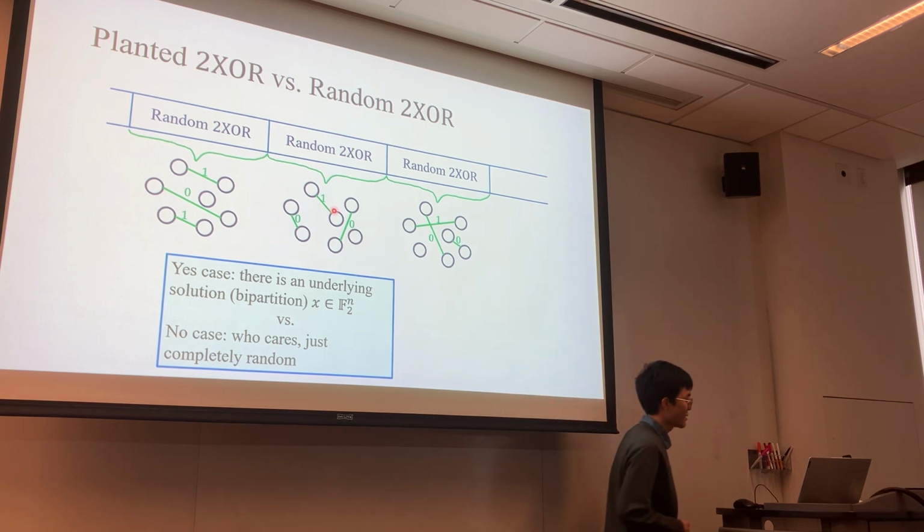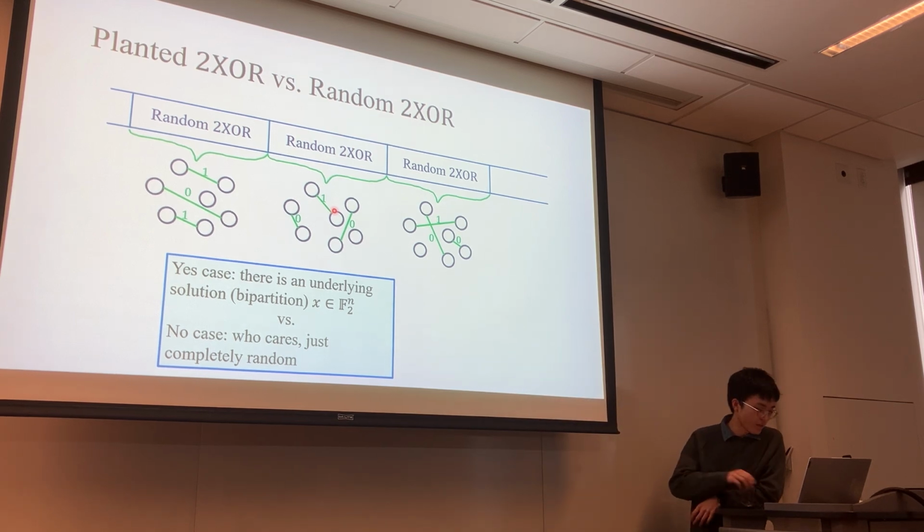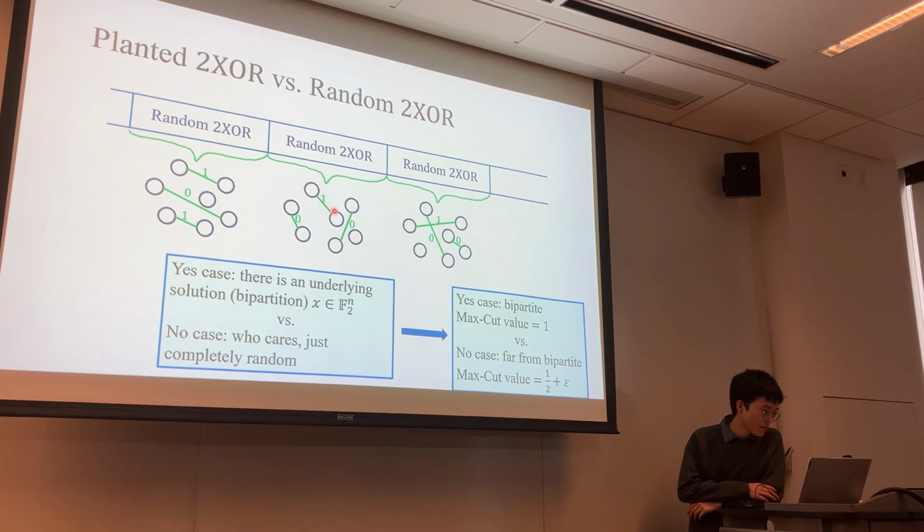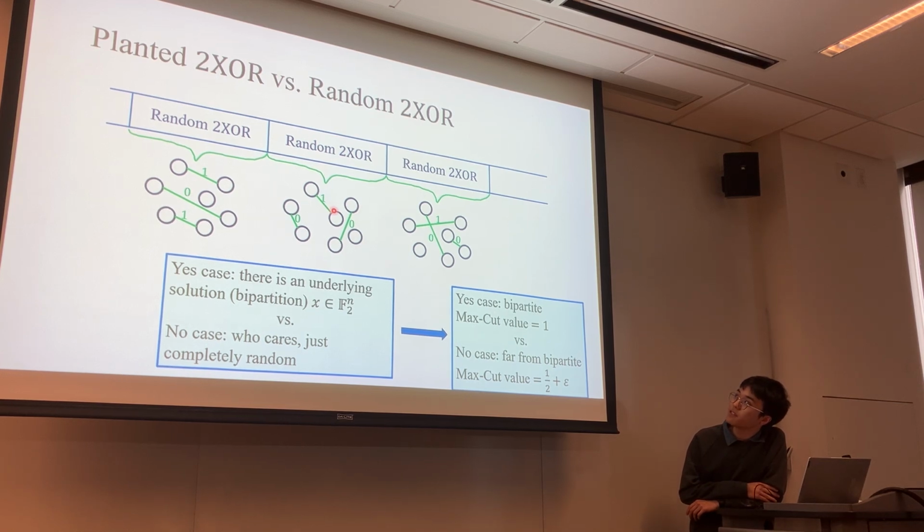So in that case, we're going to have a max cut value of 1. But in a no case, if this system of random XOR equations does not have an underlying solution, if those labels are completely assigned at random, then the resulting graph is likely going to be far from bipartite. And because of all the randomness, it's going to have a max cut value of half plus epsilon.